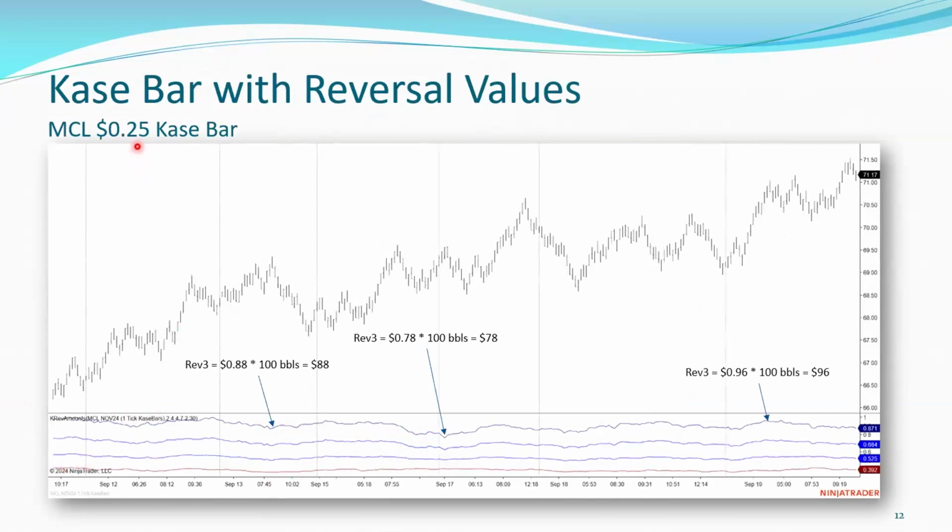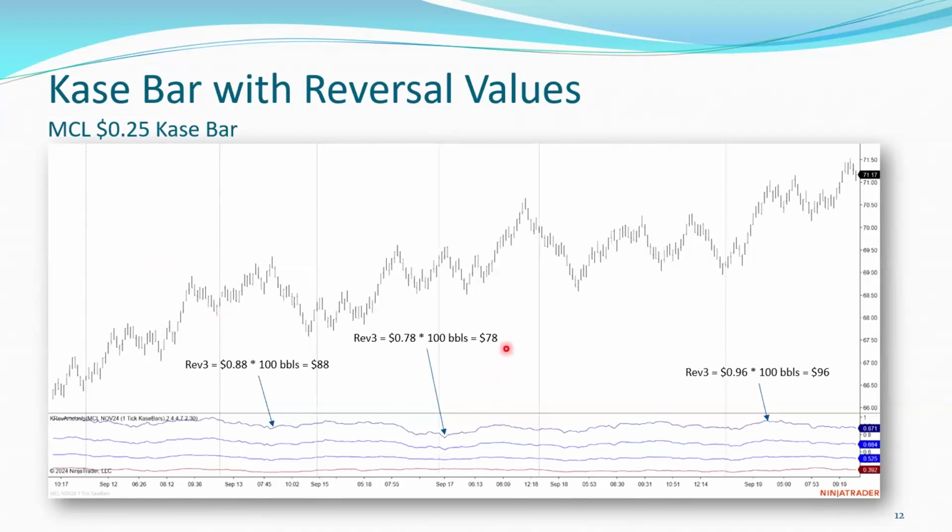So here, what we have is a fairly equivalent distribution. This is a 25-cent Kase bar chart. The way the Kase bars are built is basically we're looking at the average true range, and we have a target. So every time the market hits 25 cents in the average true range or greater, we create a new bar. As we move along, all of these bars are about 25 cents in size for the average true range.